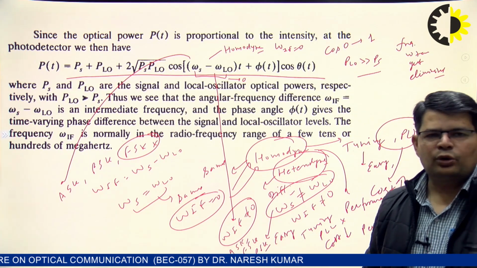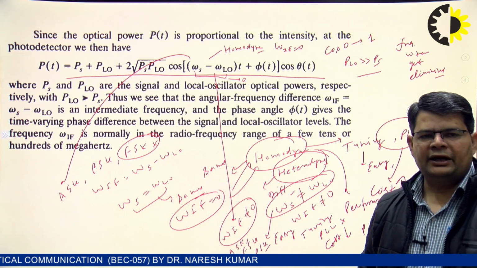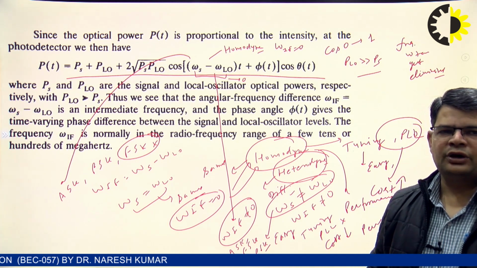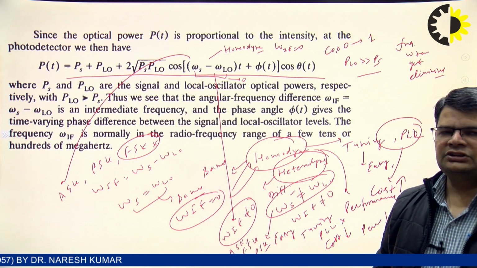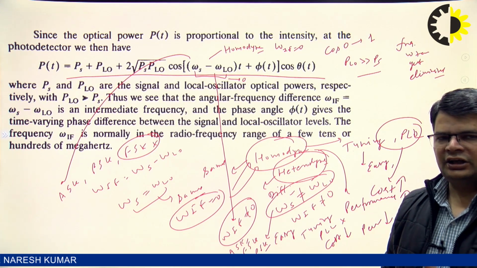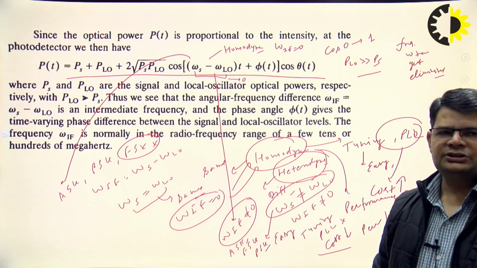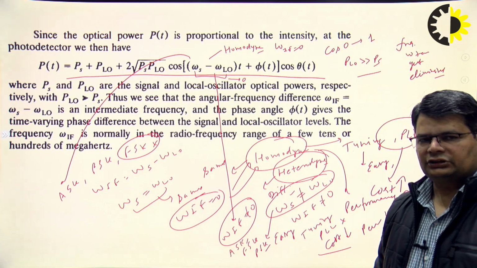So any of the modulation schemes can be applied over coherent detection when we apply heterodyne detection. We can see a number of advantages in heterodyne detection, but overall performance is better in homodyne detection.